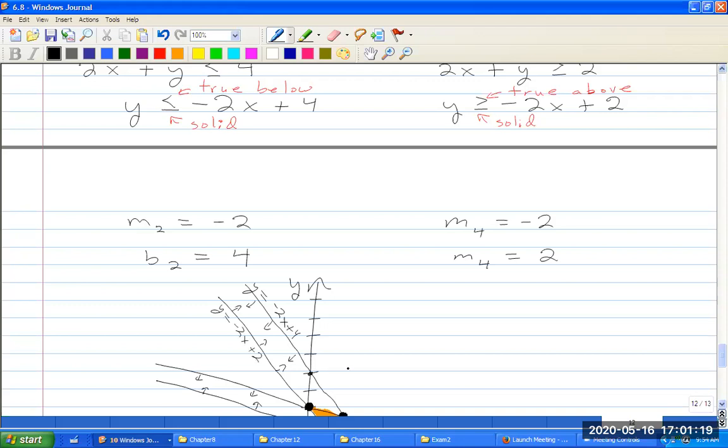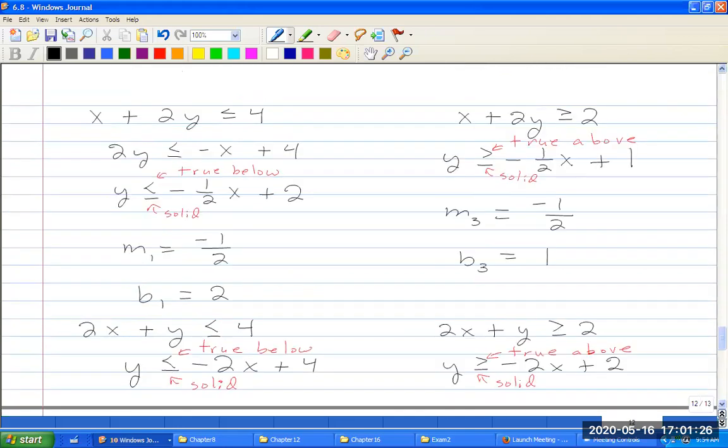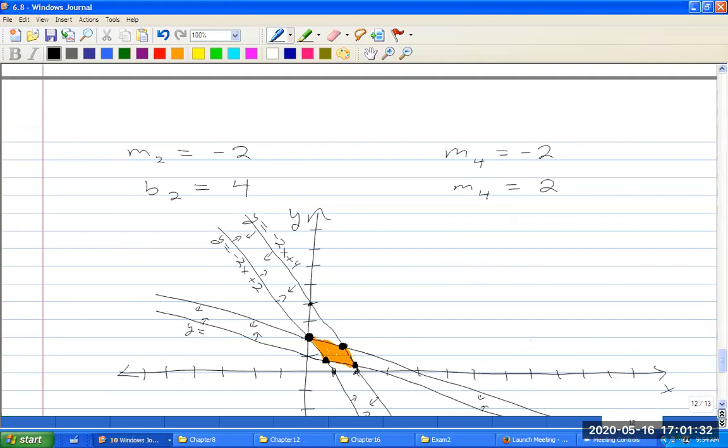That was these boundary lines. And then the other was y equal negative a half x plus 1, y equal negative 1/2 x plus 2.